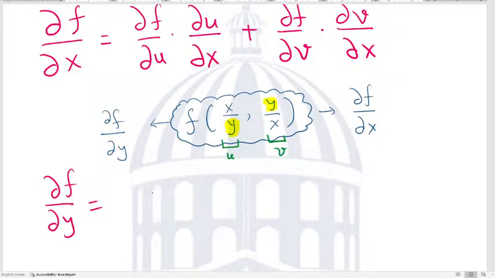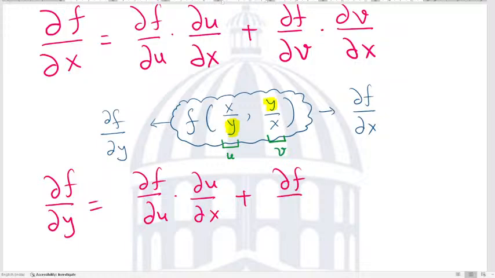And we will use the chain rule: dou f by dou u multiplied by dou u by dou y plus dou f by dou v multiplied by dou v by dou y. My bad, this is y over here. This is dou u by dou y.